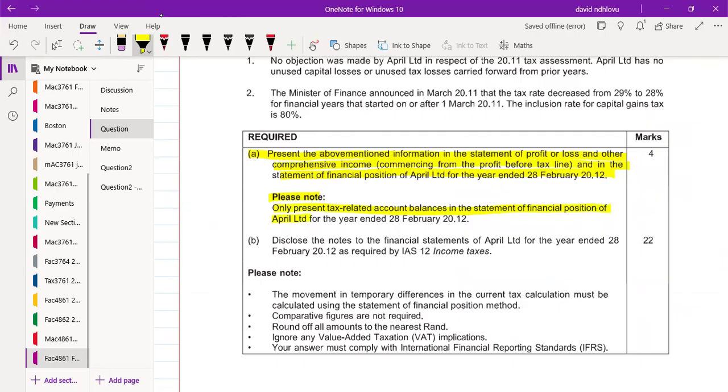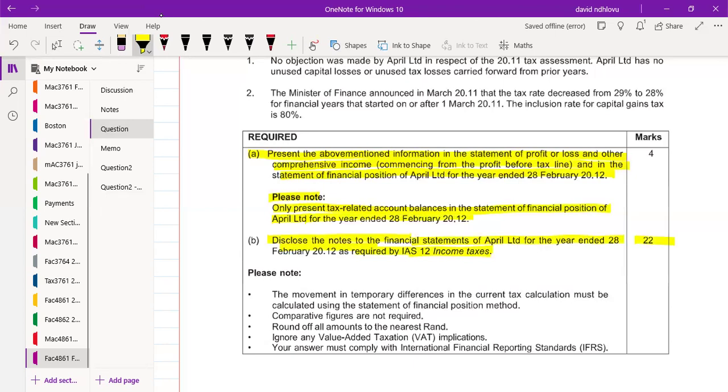for April. I don't know what April is doing there. Someone was changing the question and made a mistake with the date. Right, for the year ended 28 February 2012. And then they want you to disclose the notes with the financial statements for the year ended 28 February as required by International Accounting Standard number 12, income taxes.